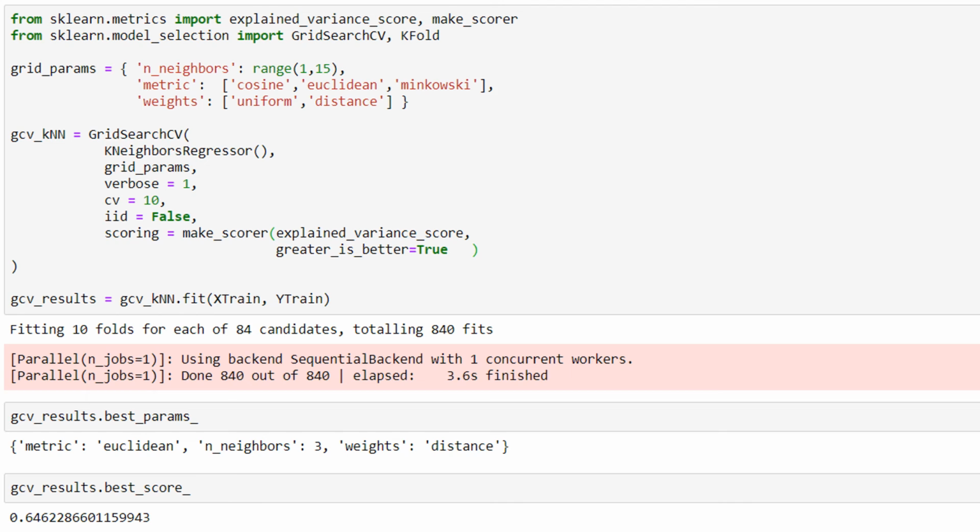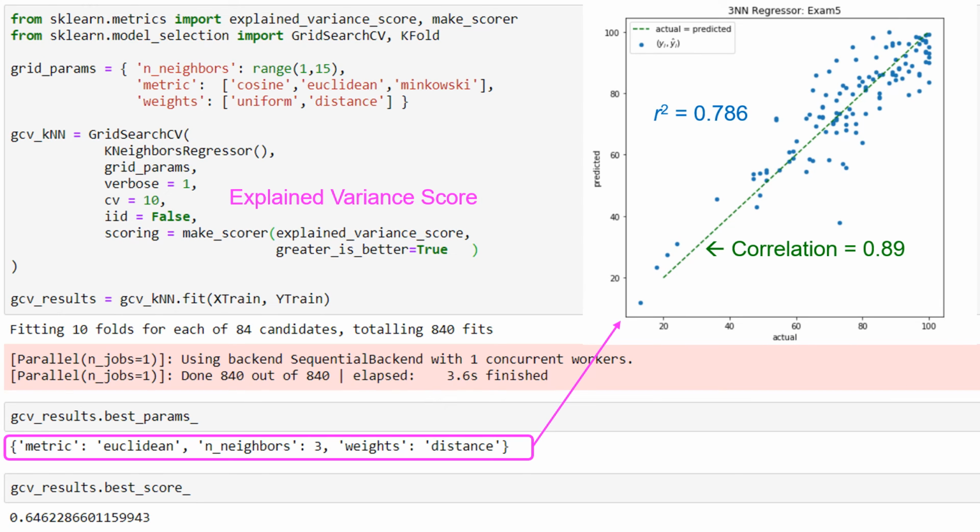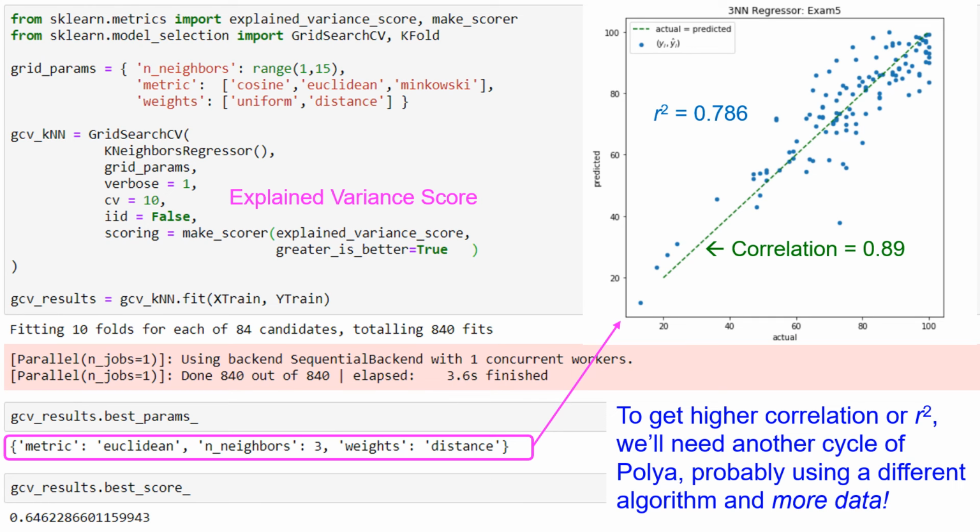So here is our grid search again. We're using explained variance score for our scoring. And here we have a correlation of 0.89 and an R squared of 0.786. What does this mean? It means we finished this cycle.